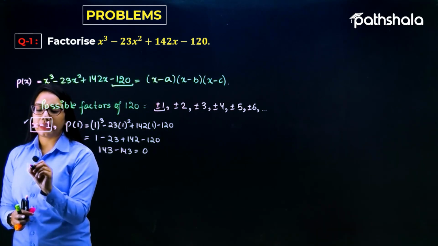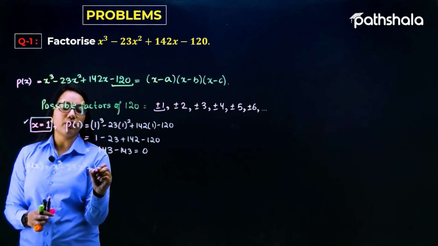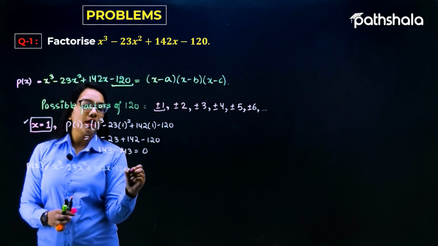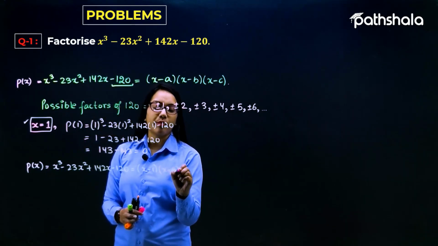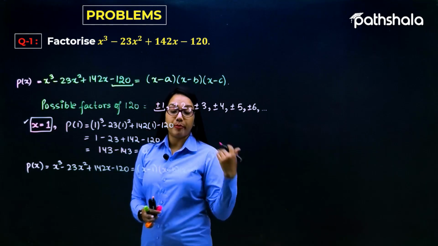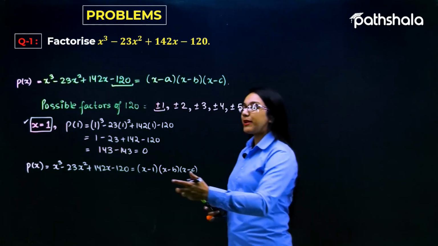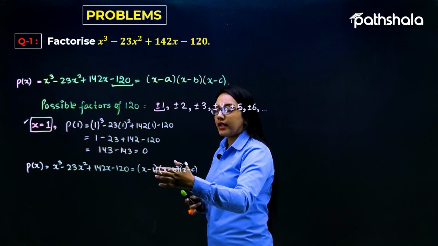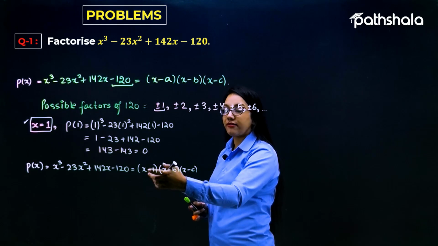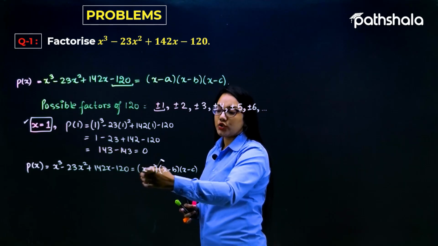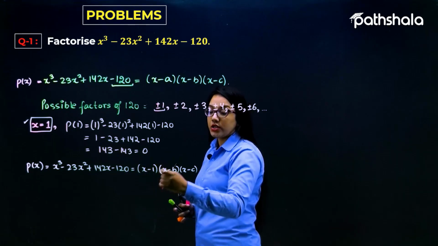It means that we can write p of x, which is x cube minus 23x square plus 142x minus 120, as (x minus 1) multiplying (x minus b)(x minus c). Now we have to look for b and c. Obviously x minus 1 is a factor of this cubic polynomial, so it can divide it.